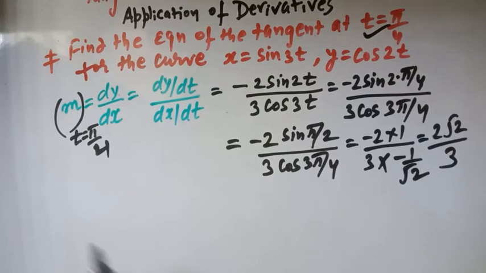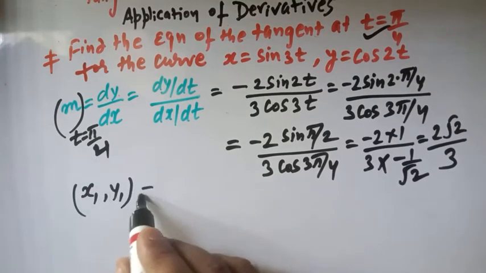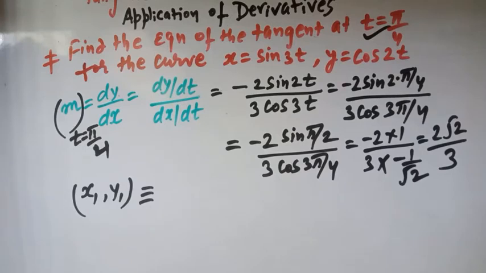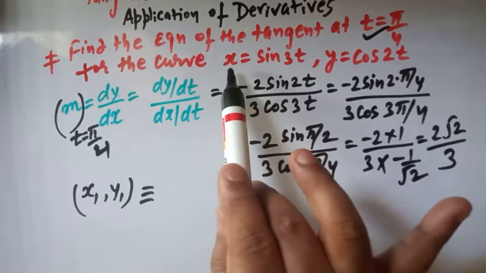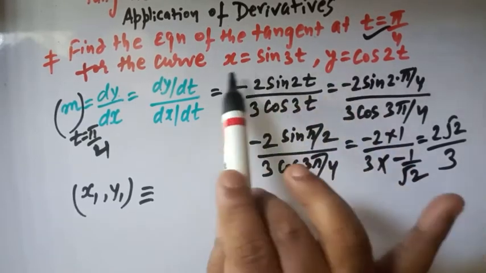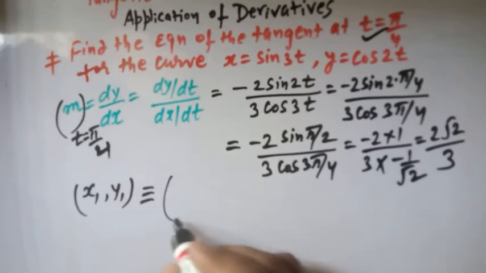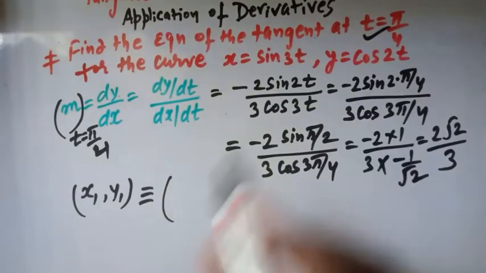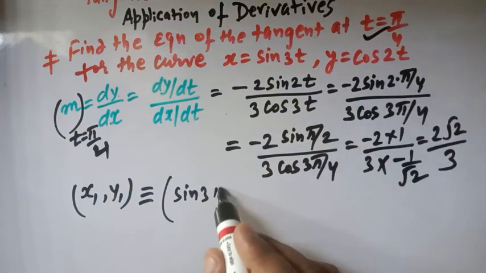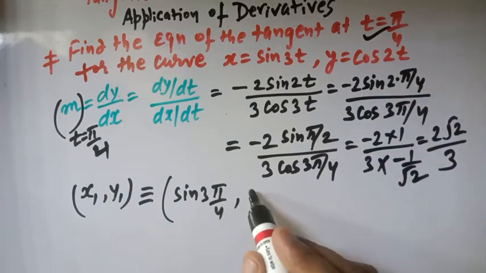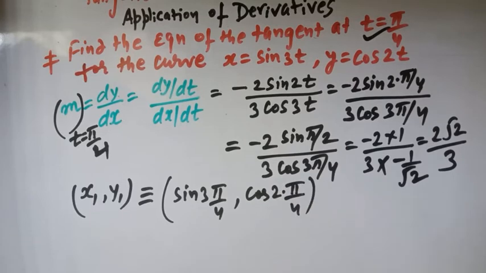Now the coordinates x1, y1 can be calculated by substituting the value of t in these two parametric equations. So here x1 is sine 3t, that is sine of 3t, t is pi by 4, comma cos of 2 times pi by 4. Clear?